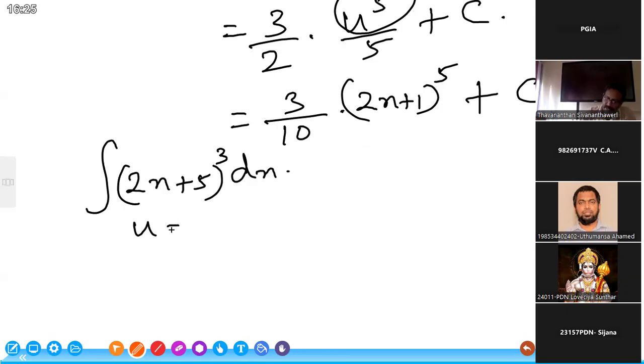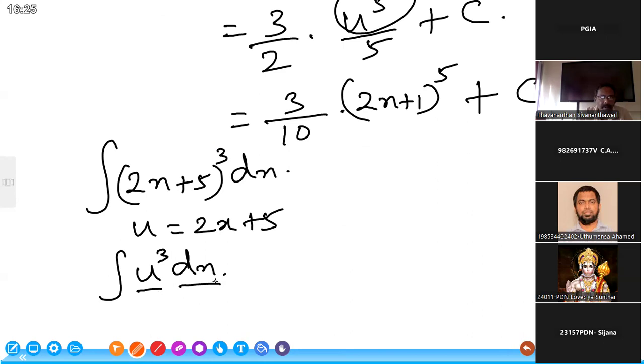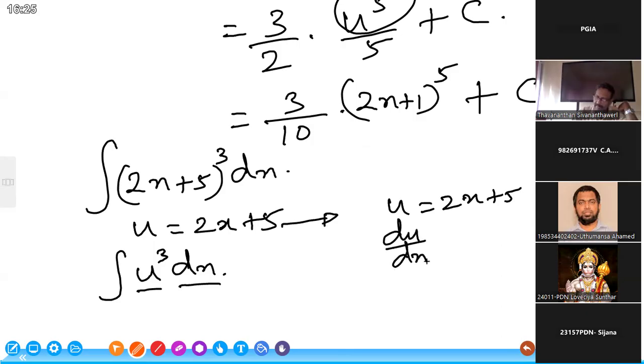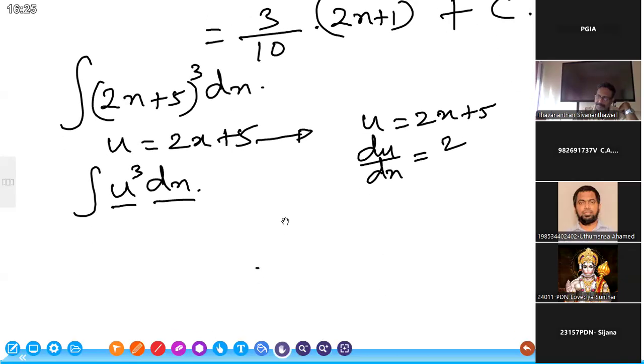So we can consider u as 2x plus 5, so that we could write it as integral of u to the power 3 dx. So this is in u, this is in dx, we'll have to convert it. For that we can use this, right? u is 2x plus 5, du by dx is 2. From that, we could say dx is equal to du by 2.